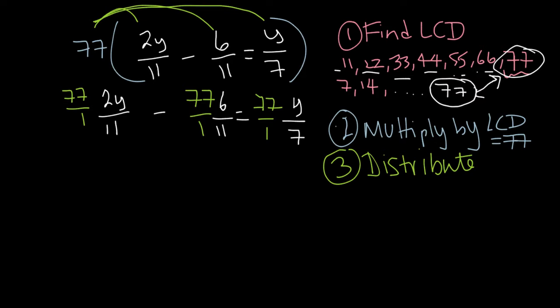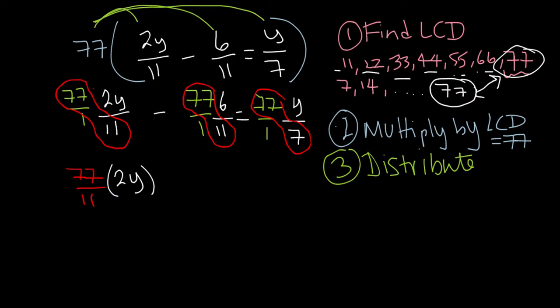Okay. And then, in order to simplify this a little bit, and it is going to simplify, I'm going to rewrite each of these fractions so that these denominators are going to cancel out. What I mean by that, I'm going to write 77 over 11 times 2y.